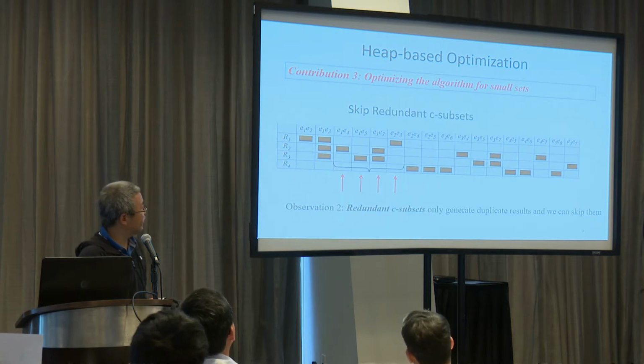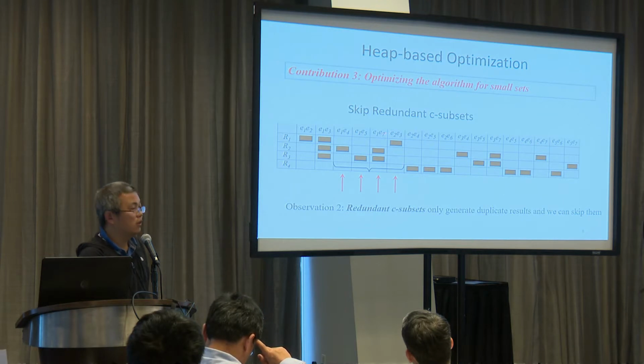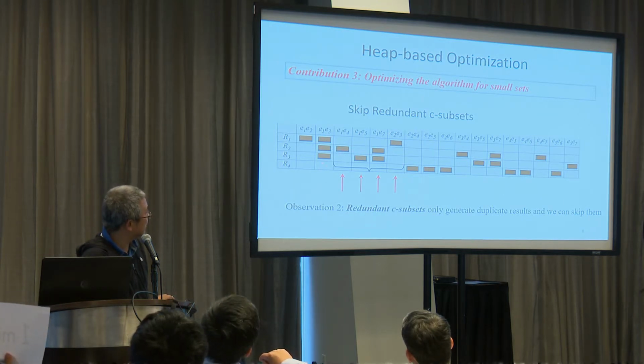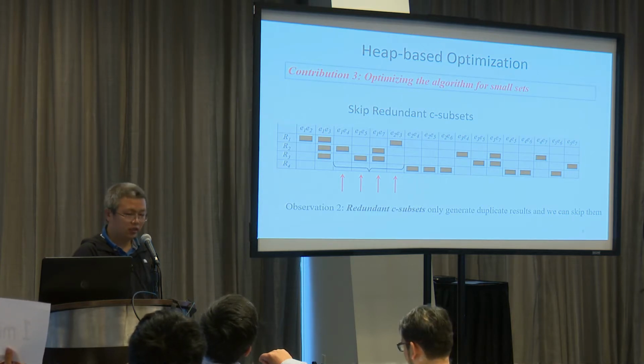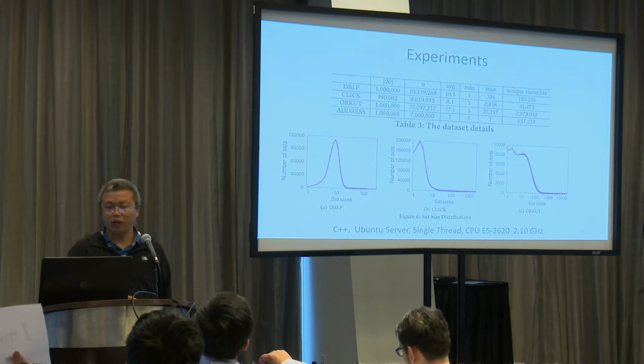The second observation is that if this inverted list includes, or is a subset of, another inverted list, we do not enumerate this C-subset because it is contained in the other inverted list, and all the answers would be duplicates. We can avoid such C-subsets. For more details, you can refer to our paper.